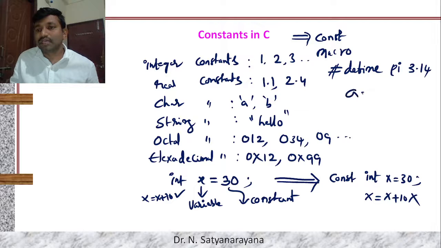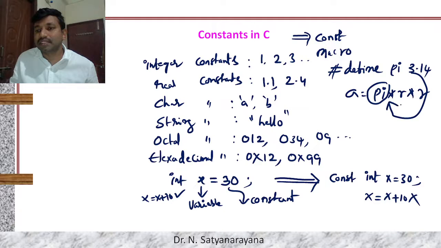So if you are calculating the area of a circle, say pi star r star r, pi is a constant now. This value is replaced with 3.14, which we will see when we discuss macros. So there are two ways of making variable values constants: applying the keyword const, and also defining them as macros. That's it from my side.